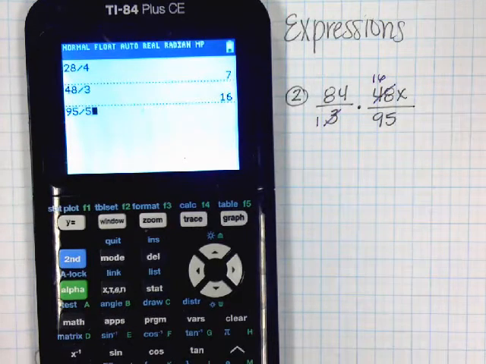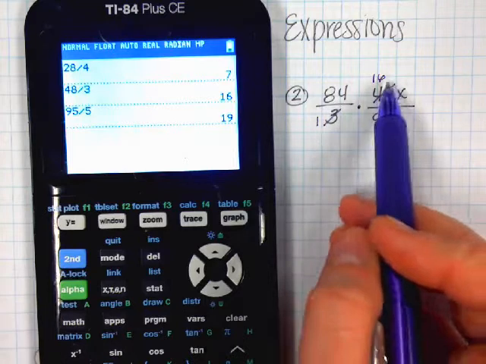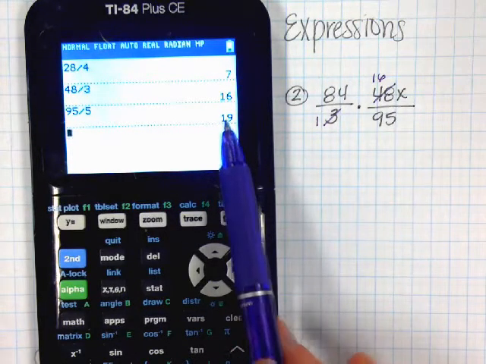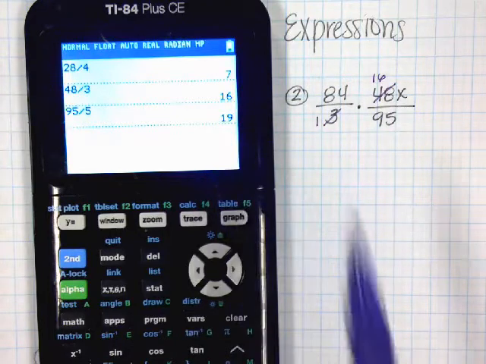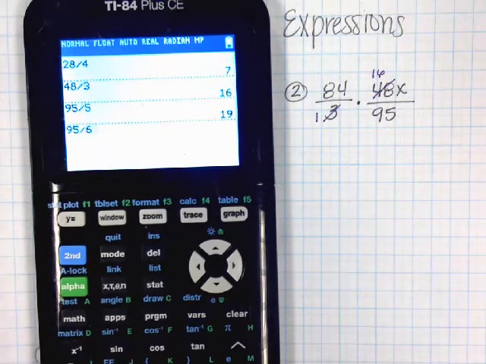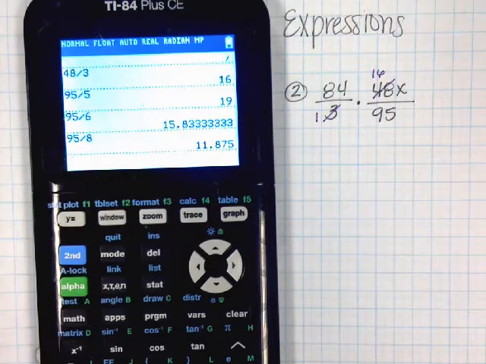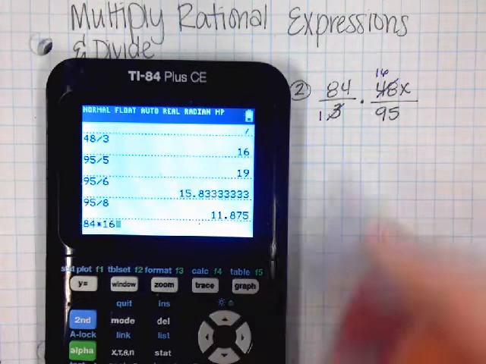95 ends in a 5, but let's go ahead and divide maybe by 5. Okay, well 84 doesn't divide by 5. 16 doesn't divide by 5. 5 and 19, you can tell that 19 doesn't have any more, so like I can't do 95 divided by 6, 95 divided by 8. So that's as reduced as it gets.